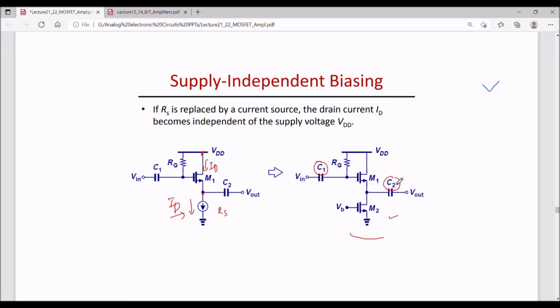In BJTs, in the previous class, we had seen how to couple a mic at the input base of the common emitter configuration, and similarly how to couple a speaker with the output of the amplifier, right? So we understand why these are used.